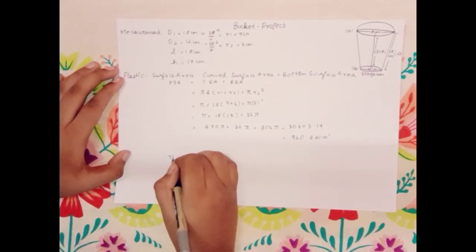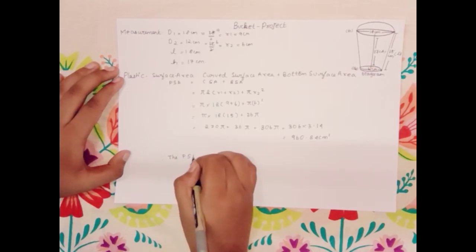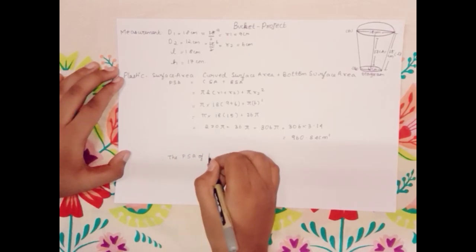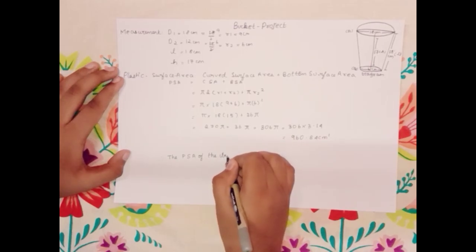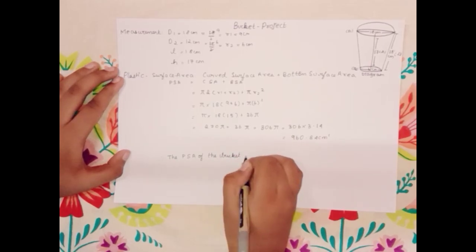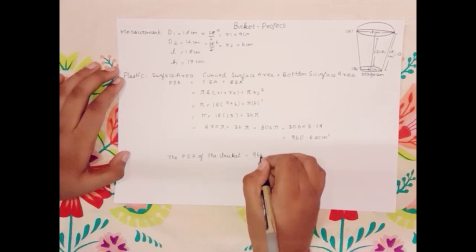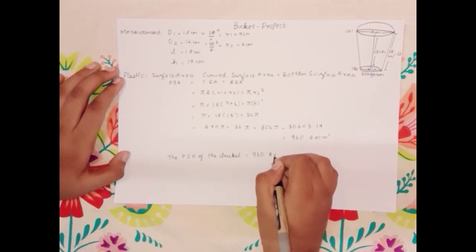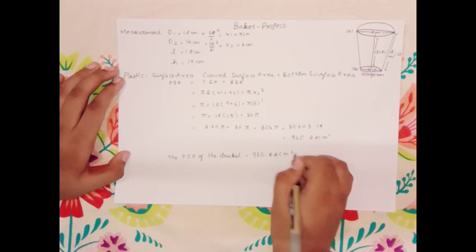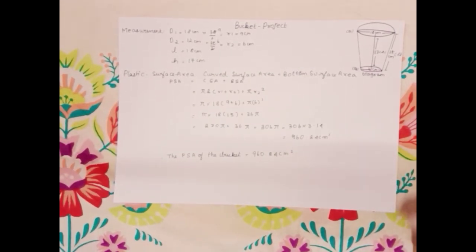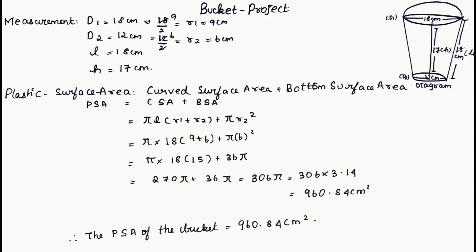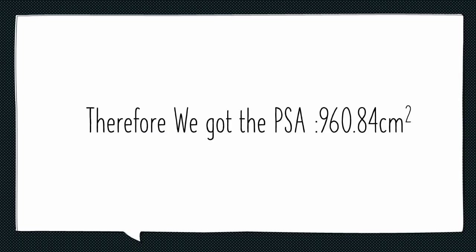Therefore, the plastic surface area of the bucket is equal to 960.84 centimeter square. So now we have found the plastic surface area of this bucket. Here is the copy of the sum we did before. Now we got the PSA as 960.84 centimeter square.